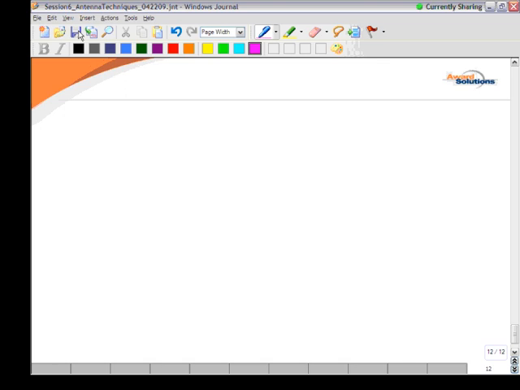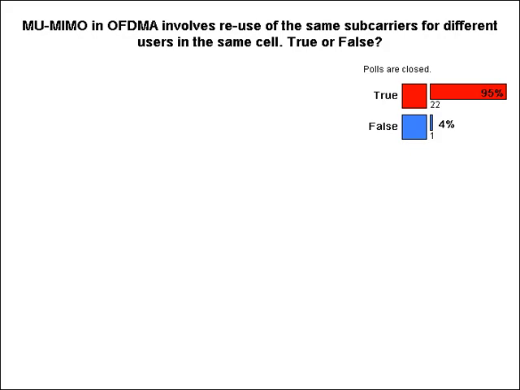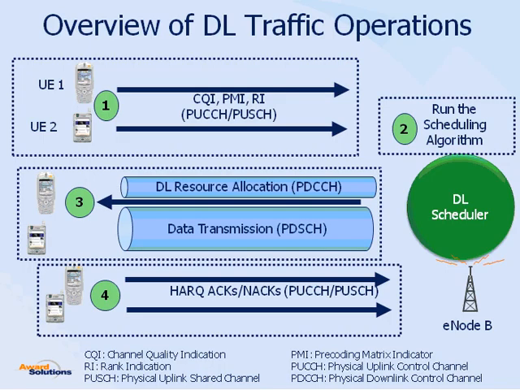Okay. So now we will turn our attention to the implementation of the techniques that we just looked at. So this is how typical downlink traffic operations should occur.